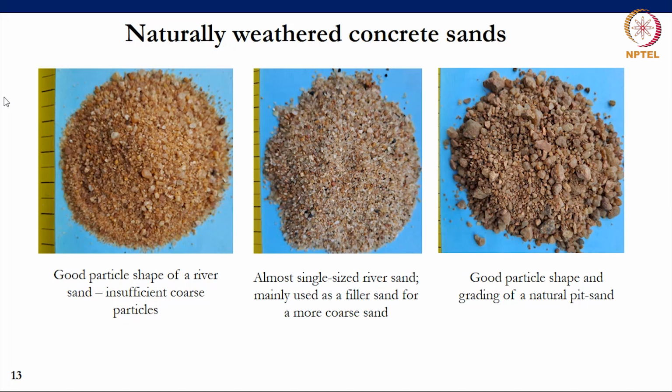This would mainly be used as a filler sand for a more coarse sand or coarse aggregate. On the right, I show a fairly good particle shape of a naturally weathered pit sand, with particle sizes ranging quite well from fairly large particles to quite fine particles. That would probably make a very good concrete sand.